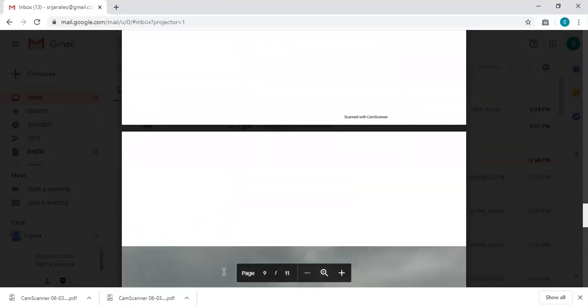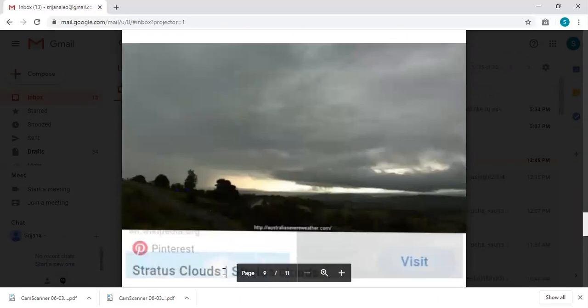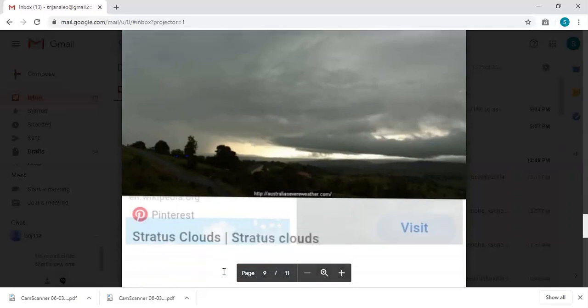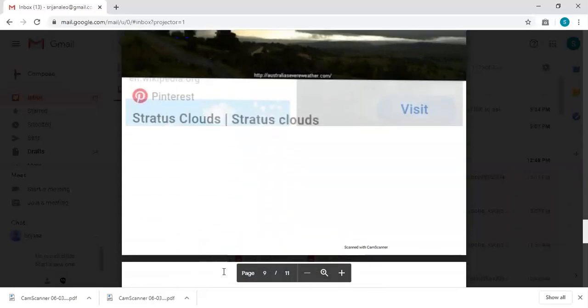Now next we have stratus cloud, which gives us drizzle. The sky is full of gray cloud. And right now when I'm making the video, when I look outside, this is what I see in the sky. The temperature also goes down and it drizzles.